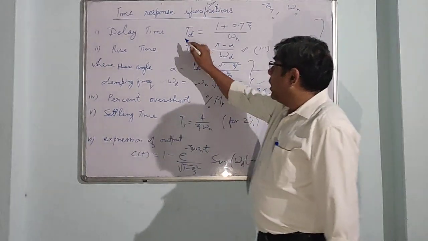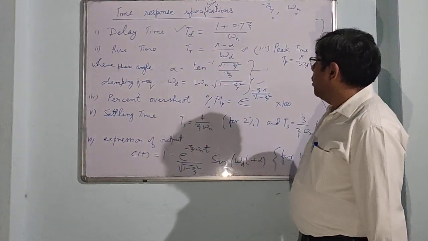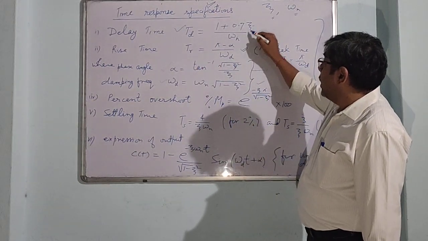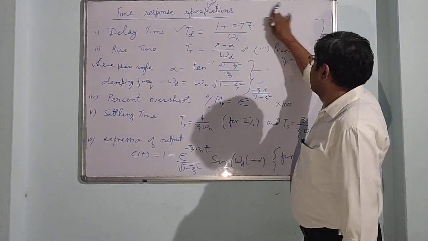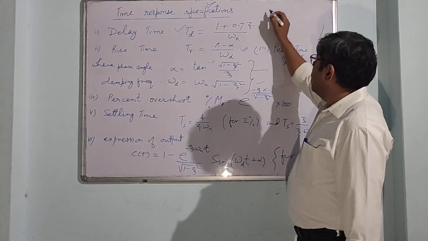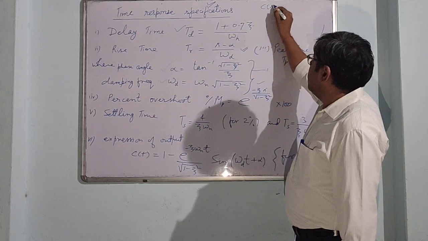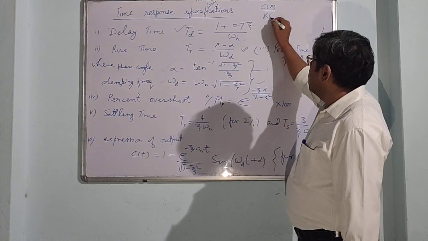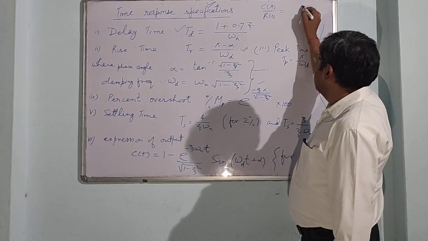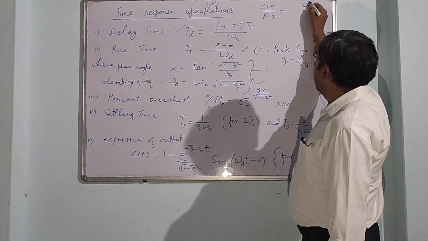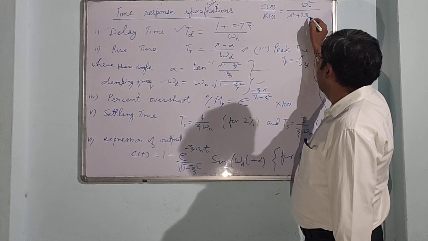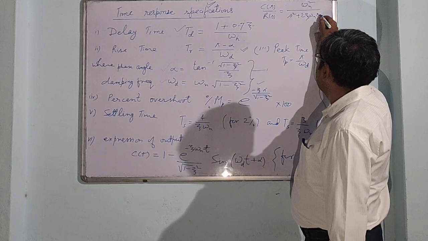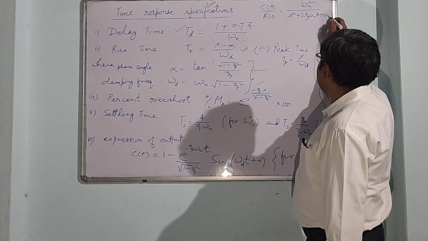And to calculate delay time, we have only zeta and omega n, which can be obtained from the general second order system. So what is the general transfer function for second order system? This is omega n square upon s square plus twice zeta omega n s plus omega n square.